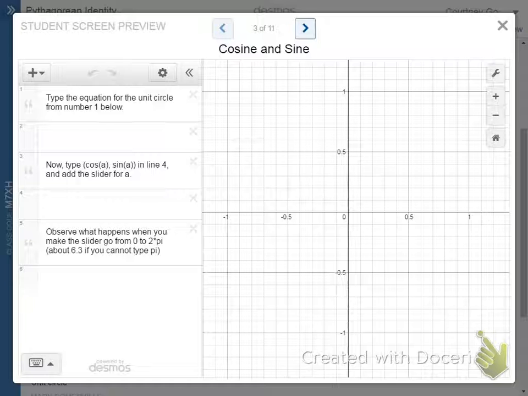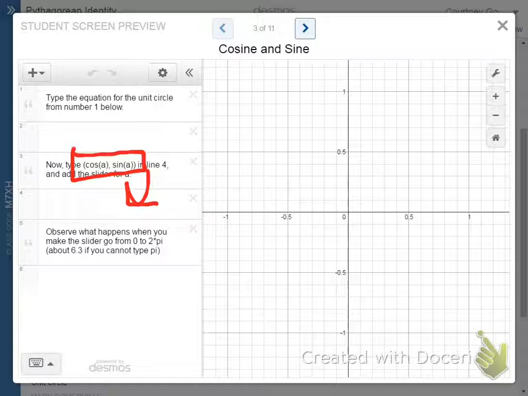The next screen here had a little bit of exploration with the unit circle. So again, using that same equation from number 1 for the circle, and then typing in this right here where it says cosine A comma sine A. You're typing that in on this line, and that'll give you a point.